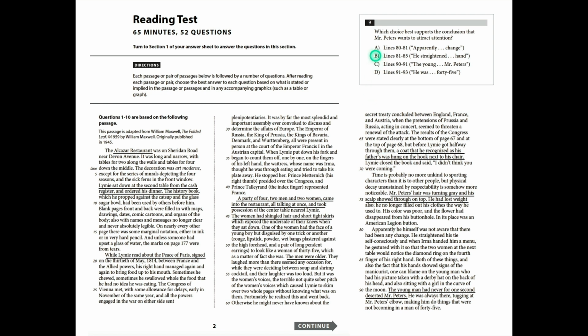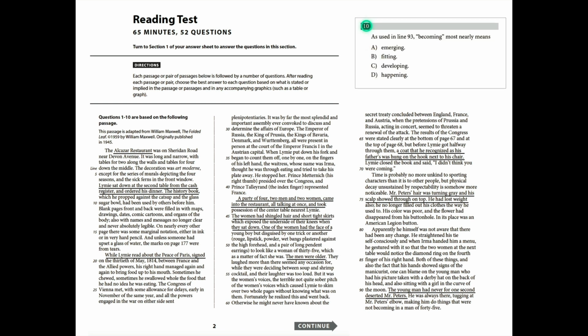Let's go on to question number 10, the very last one. As used in line 93, becoming most nearly means, well, we know what we're going to do with this question. We're going to read it as used in line 93, becoming means, totally forget most nearly, okay? So this is a vocabulary in context question.